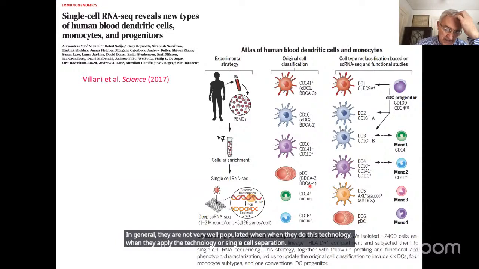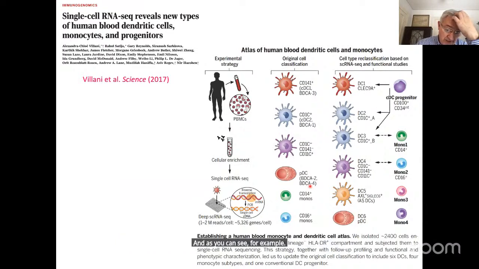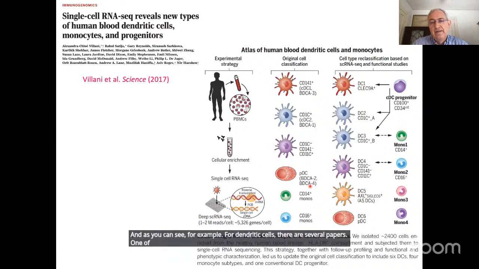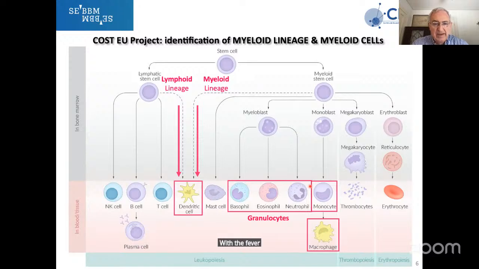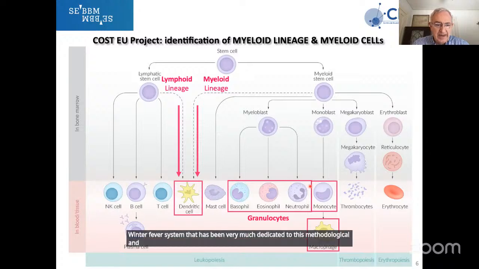As you can see, for dendritic cells there are several papers, one of them is this, that have characterized not only the general canonical cells, B cells, T cells, dendritic cells, but, for example, now with the CIBERSORT system that has been very much dedicated to these hematological and immune cells, there are at least 9 types of T cells.